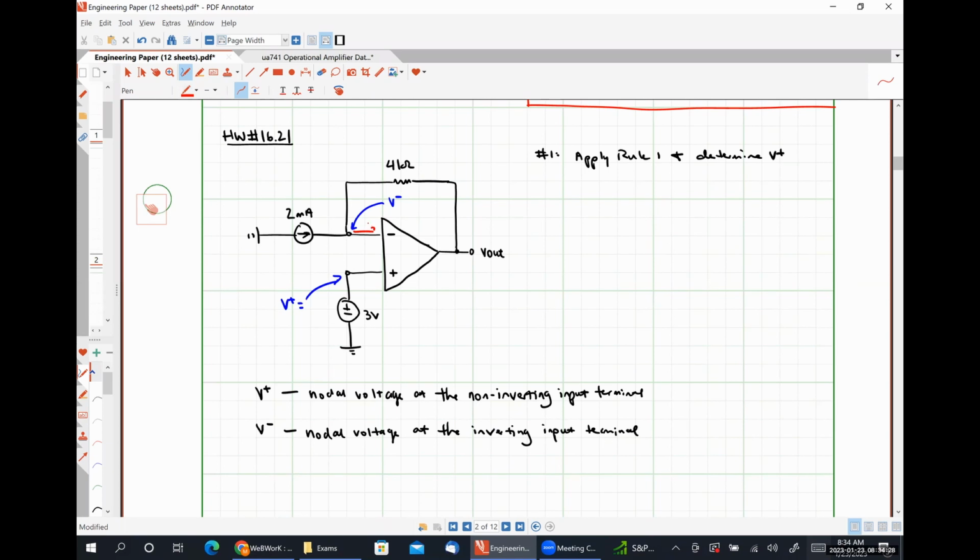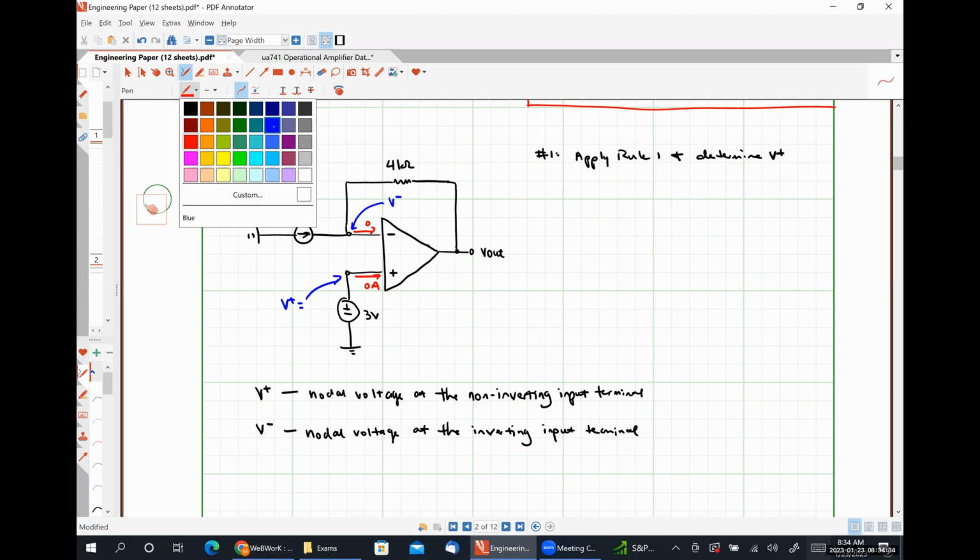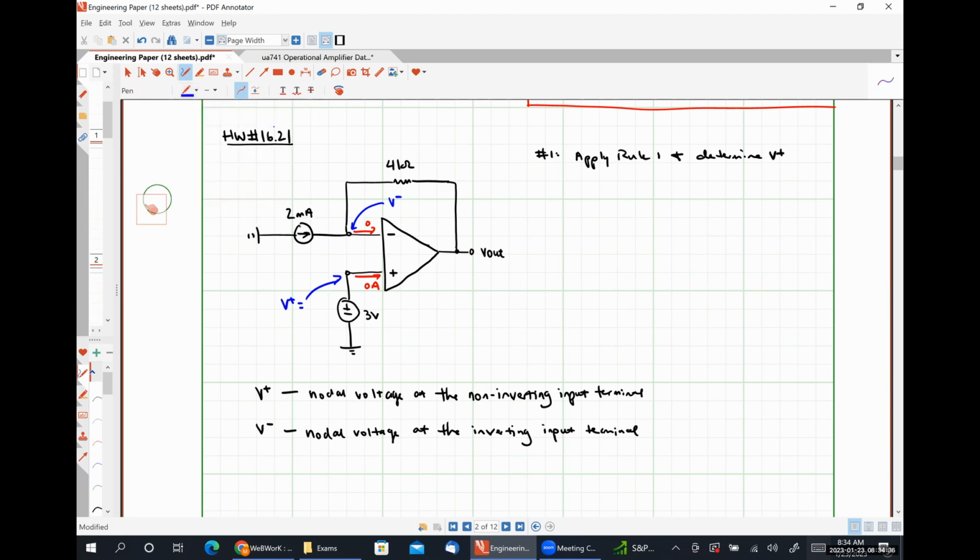So rule 1 says this current is 0 amps and this current is 0 amps. What is our voltage at our non-inverting input terminal? 3 volts, absolutely right.